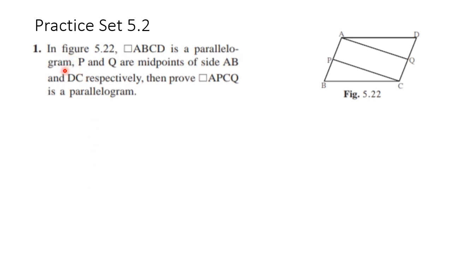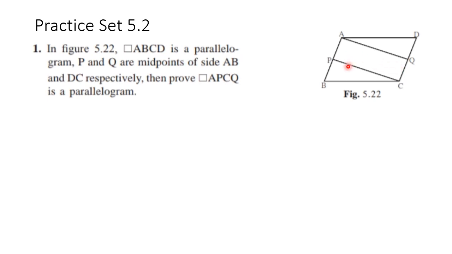The first sum says in figure 5.22, quadrilateral ABCD is a parallelogram where P and Q are the midpoints of side AB and DC respectively. Then you need to prove that APCQ is a parallelogram. Okay, so let's see.